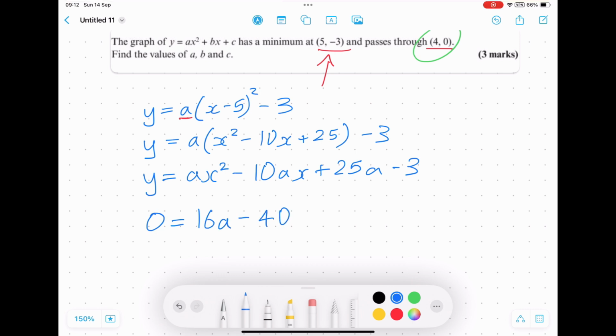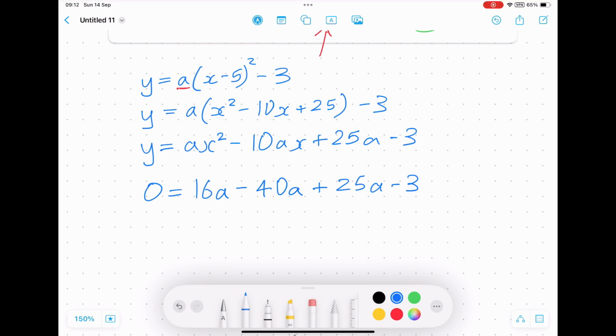We've got 4 times 10a, so that'll be minus 40a. And then we're still left with plus 25a and minus 3. The only unknown now is a, so all we have to do is collect like terms. 16a plus 25a is 41a, and 41a minus 40a is 1a, so a. Then just rearrange that to make a the subject, and we've worked out what a is.